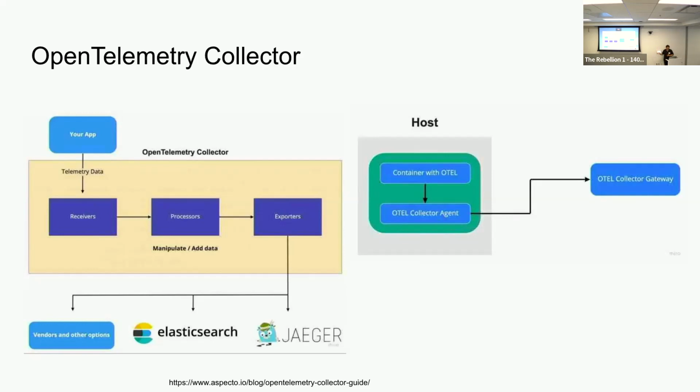There's also another type of deployment, which we call the collector agent, in which we deploy the collector closer to your application, so that the connection between your application and your collector is really close. That localized collector is then going to send the telemetry data somewhere else. So those are two different ways of deploying your collector.